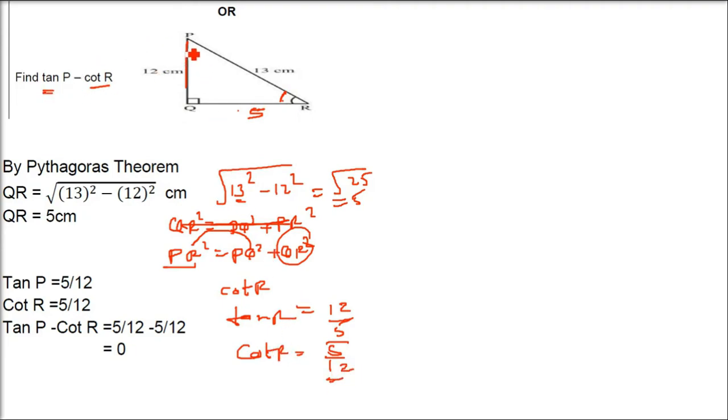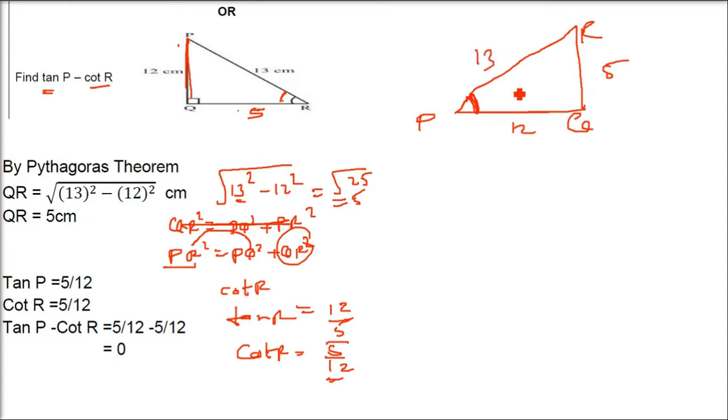Okay, now coming to tan P. Now I'm just turning this angle. So now P I'm writing here, Q is here and R is here. This is how we look normally. So I'm talking about this P angle. PQ is 12, QR is 5 and this is 13.